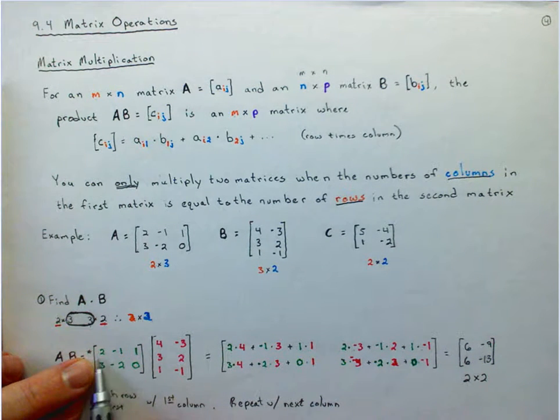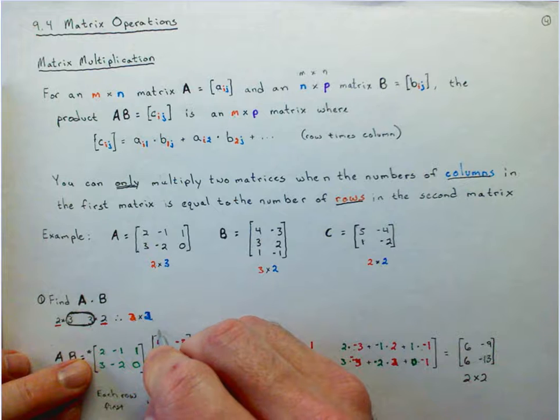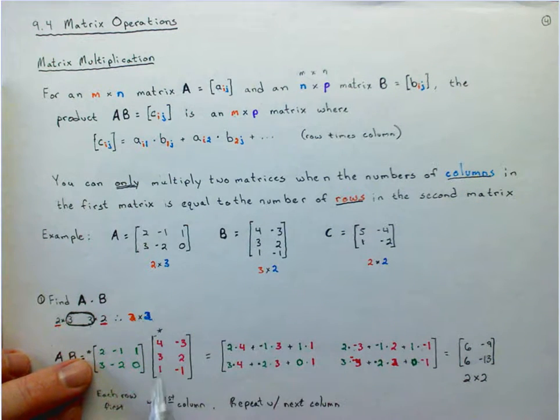I'm taking each row, and I'm going to do the first row with the first column. So 2 times 4, and then I'm going to add that to negative 1 times 3. I'm doing the first row in the first column on this one. So I can even mark the column, and I'll mark it lightly because I'm going to erase it.